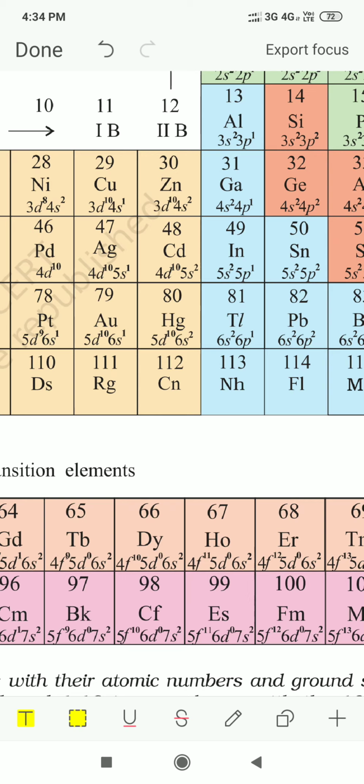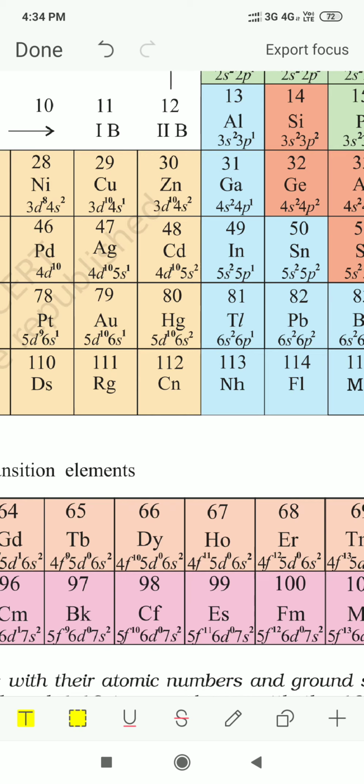So the electrons are completely filled. These actually should not be present in the d block or along with the transition elements, but since the last electron is entering the d orbital, they are placed here.